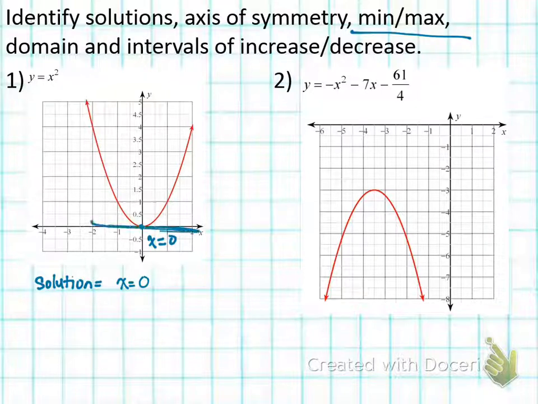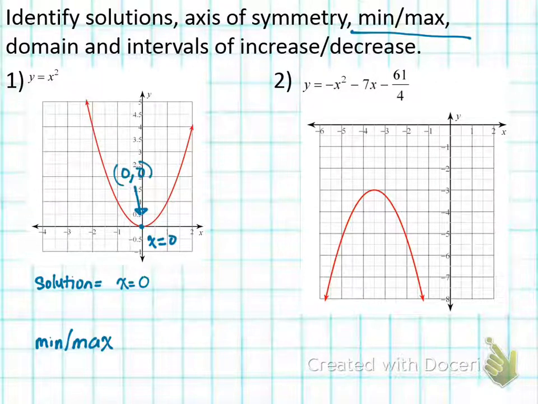So at what point is it a minimum, okay? So we want to figure that out. Oh, I skipped symmetry, but we'll come back to that. So the way we figure that out is you look at the vertex. So I'll leave a little space for axis of symmetry. Min or max, okay. So look at the vertex right here. What's the vertex at? It's at 0, 0.